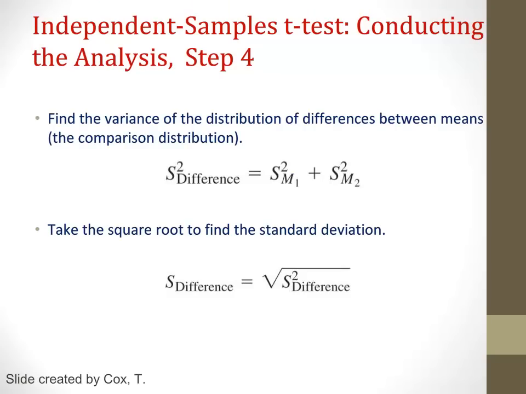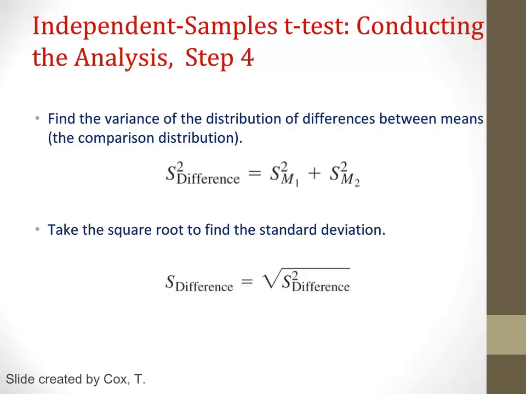Now we are ready to find the main value that we will use to compute our t-statistic. Step 4 involves finding the variance and the standard deviation of the comparison distribution, the distribution of differences between the means. This is the distribution on row 3 of the diagram that we looked at earlier. The variance of the distribution of differences between means is called the S squared difference, and it is found by simply adding the variances from step 3 together.